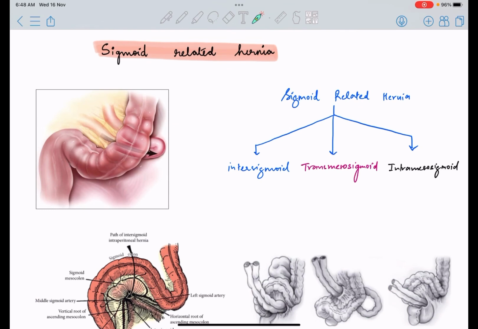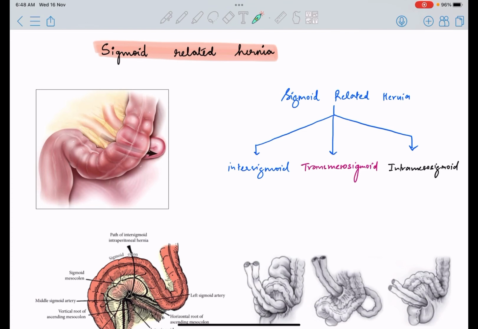After completing the hernia through the foramen of Winslow, we will take a look at sigmoid related hernia. If you look at the diagram on the left, we can see that a loop of bowel has herniated across the sigmoid mesocolon. This is an example of intersigmoid hernia.